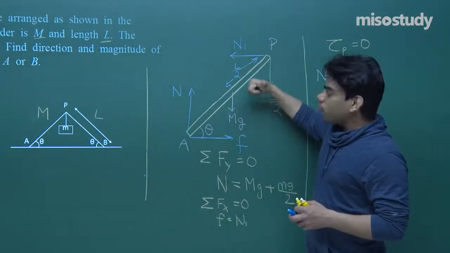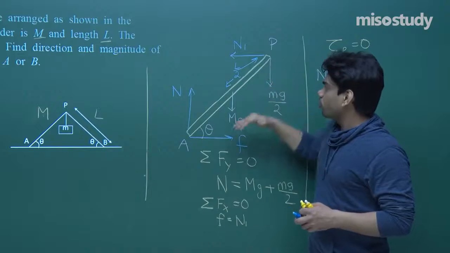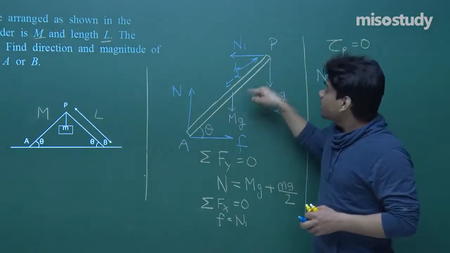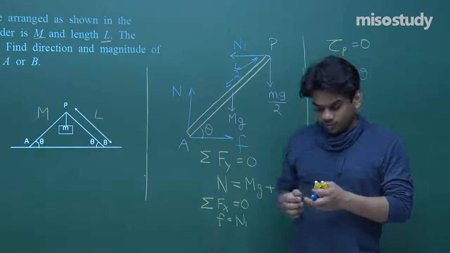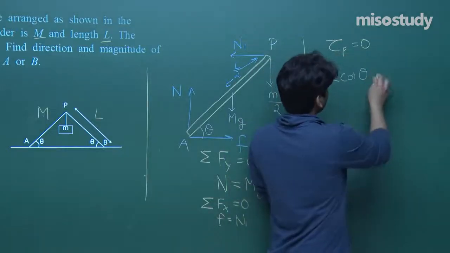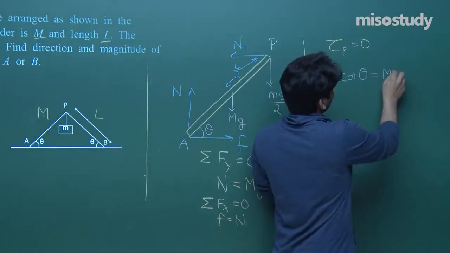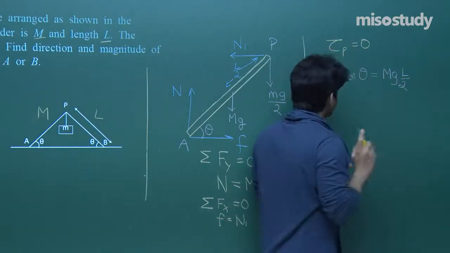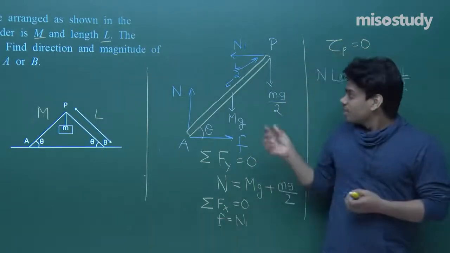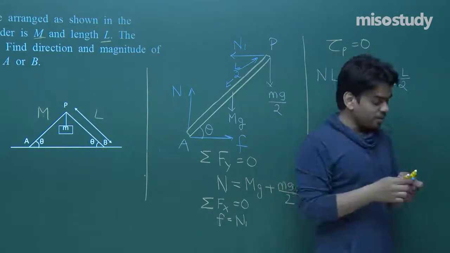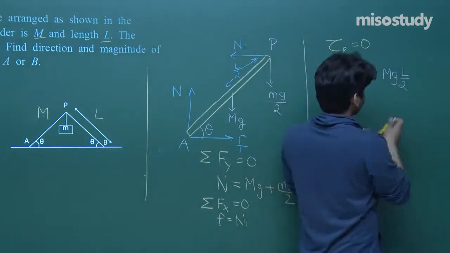It is coming out of the plane of the board. If you take R cross F, out of the plane of the board, so I have to mention Mg L by 2 cos theta, and again this length will be L by 2 cos theta.